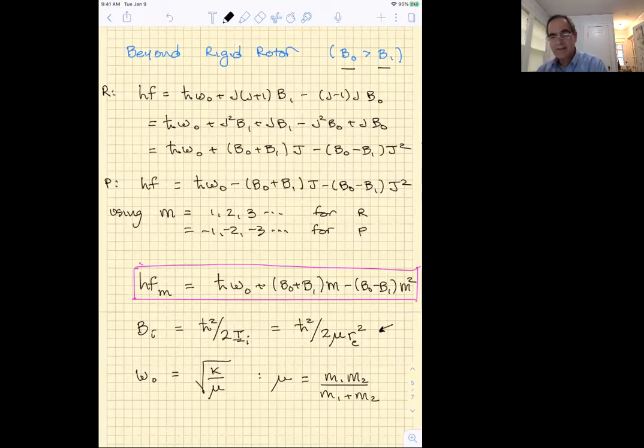But again, be careful. This will hold for carbon monoxide, a diatomic molecule, but it won't hold for carbon dioxide, which is a polyatomic molecule. For that one, you have to figure out the reduced mass more carefully, so you might have to think about that one a little bit. But nevertheless, these are the results.